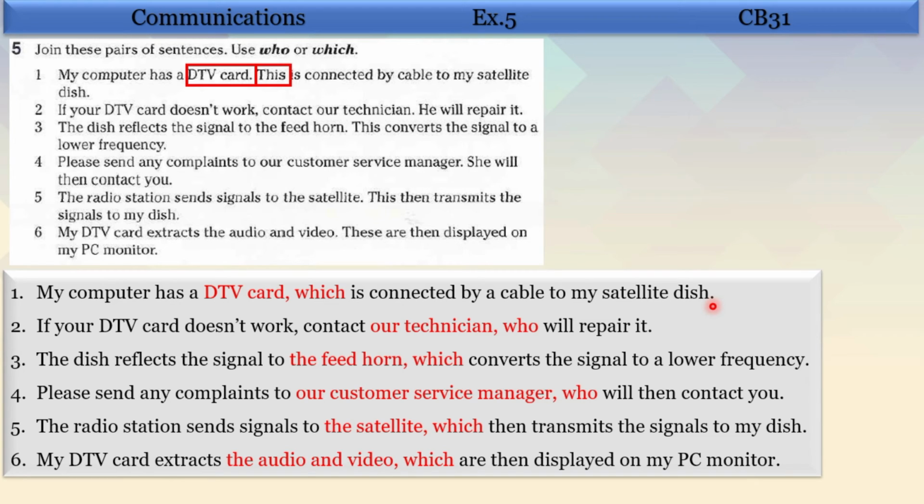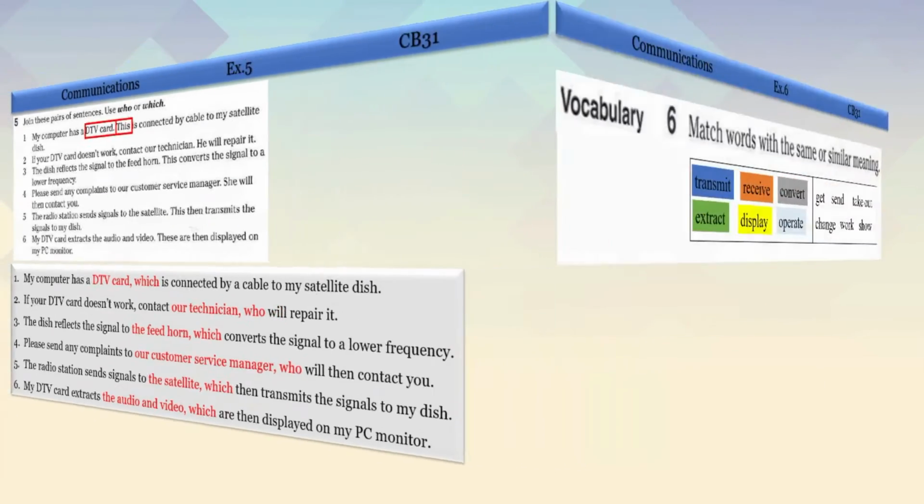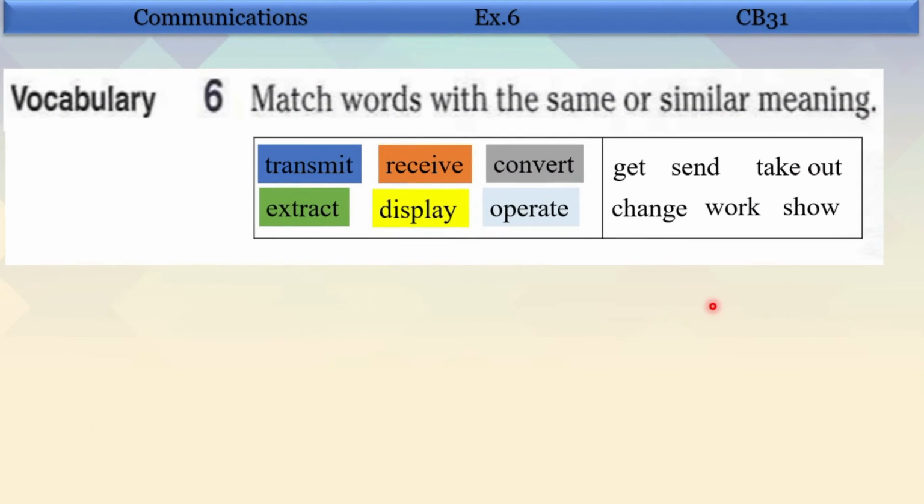Still on page 31. Exercise 6. Match words with the same or similar meaning. You need to match the words in this box with the ones here with the same or similar meaning. Now pause the video and do the task.